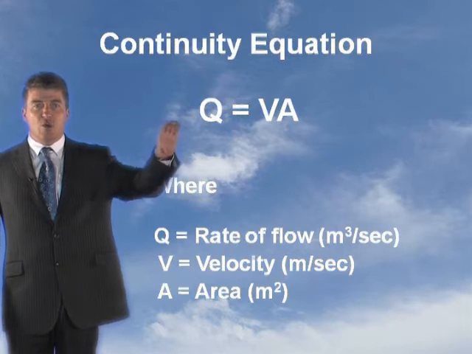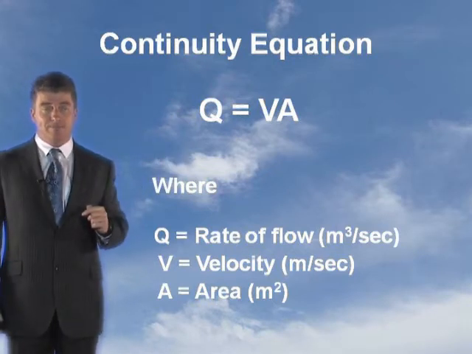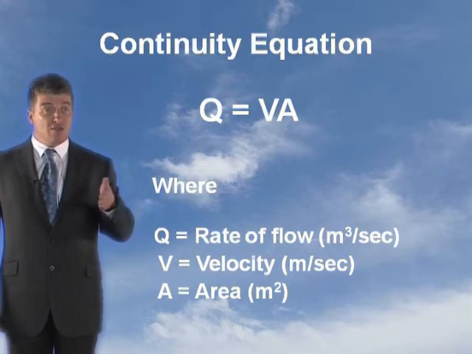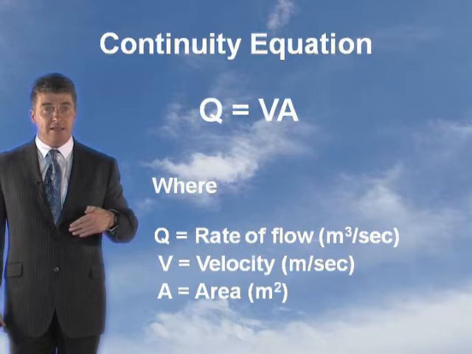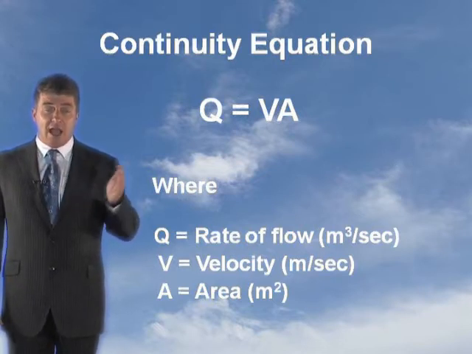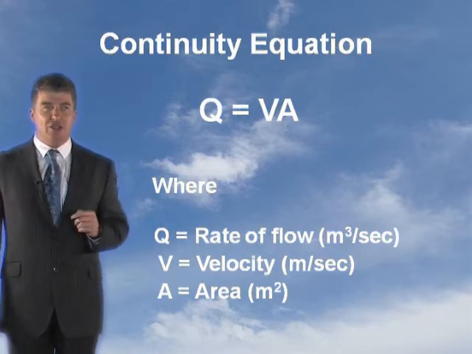In other words, Q all the way down the system is the same in a closed system. And Q equals VA, where Q is the rate of flow in metres cubed per second, V is the velocity in metres a second, and A is the area in metres squared. So that's the continuity equation.